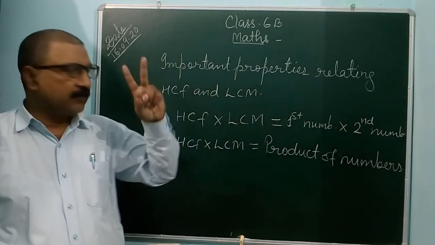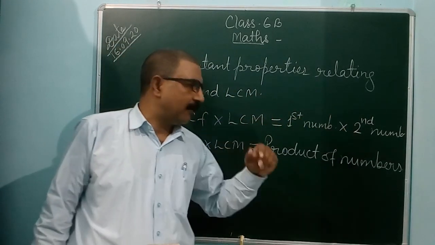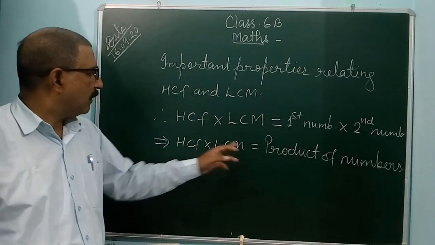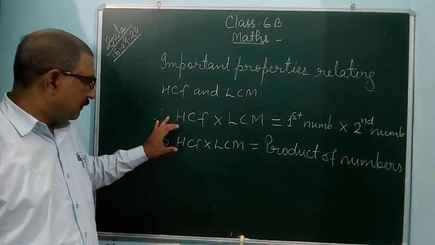If you have two numbers, then the first number multiplied by the second number equals HCF multiplied by LCM. So this is the relation.